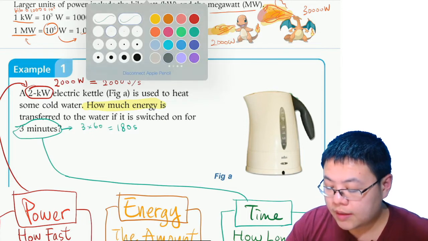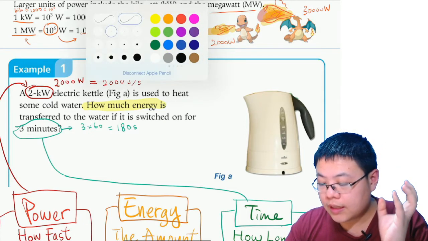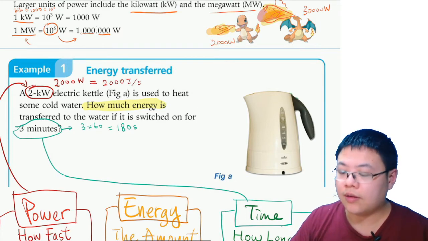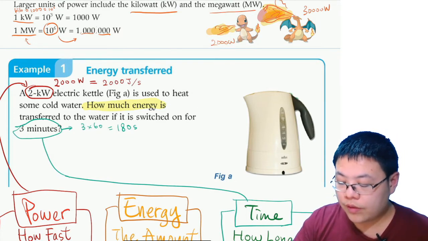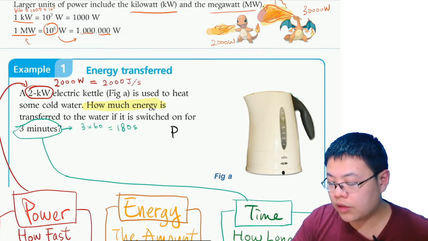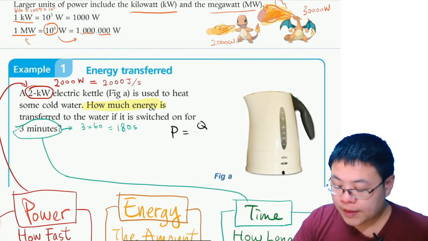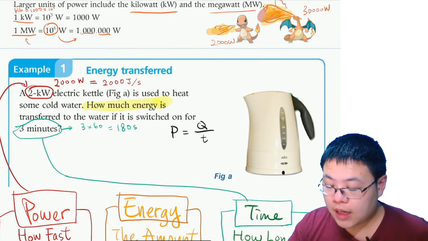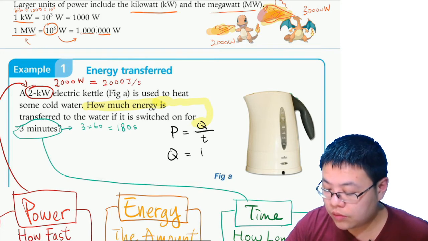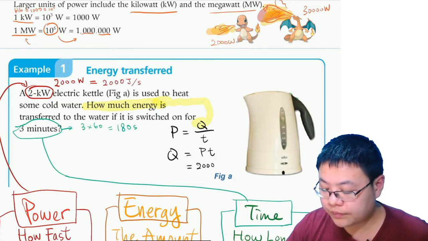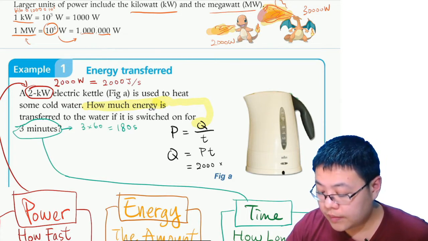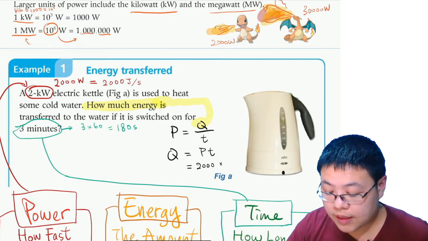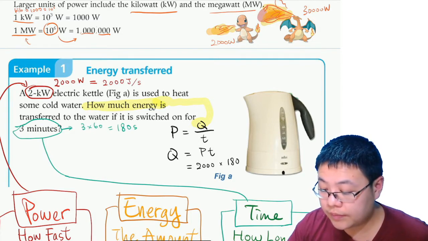But I'm sorry, I should do the example for you rather than just talking. First step, write down the equation. Power equals the amount of energy divided by time, and here the amount of energy is Q. So make Q the subject: Q equals P times t, which is 2000 watts times 180 seconds.